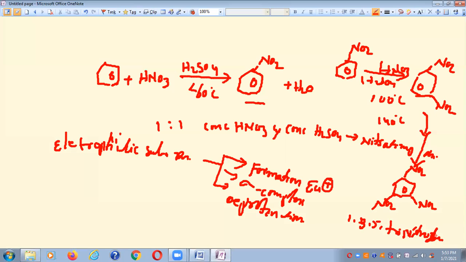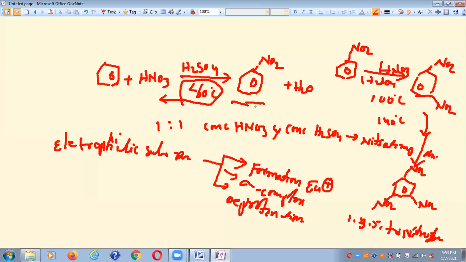So here the temperature is a very important parameter which controls the reaction. It can change the course of the reaction, so it is an influencing factor. It is very important to maintain the temperature at less than 60 degrees centigrade.